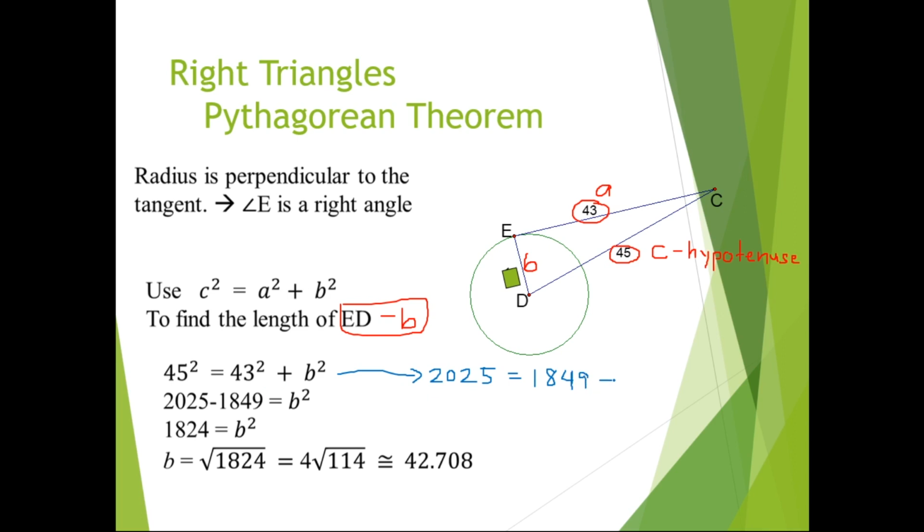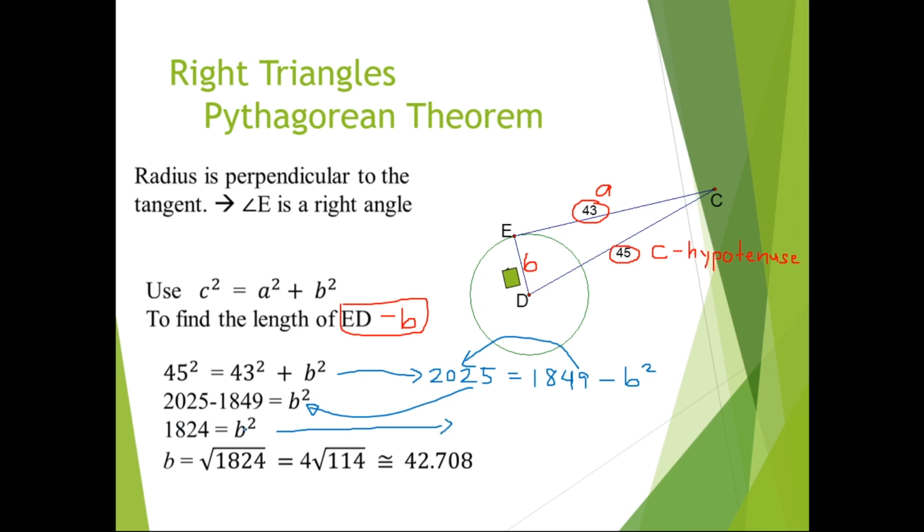Then plus b squared. After that, you transpose 1849 to the left side. So 2025 and 1849 go together. We arrive at this solution: 2025 minus 1849 equals b squared. If you subtract this, it becomes 1824 equals b squared.